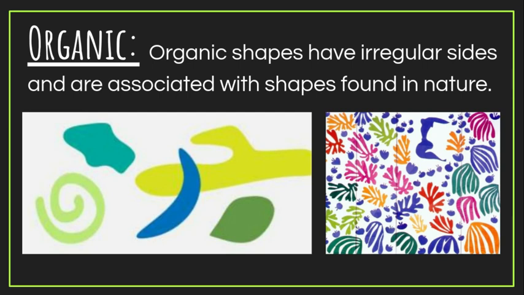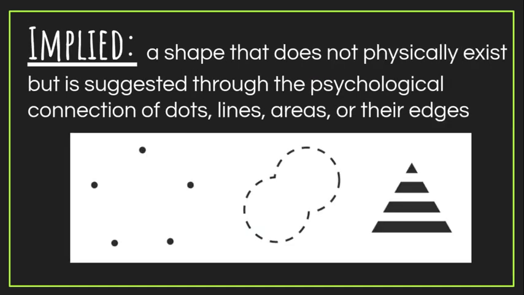And then finally, it's not one of our two categories of shapes, but it is another type of shape that I want you to be able to recognize. And that's something called an implied shape, okay? So a shape that is implied is one that does not physically exist, but it is suggested through the psychological connection of dots, lines, areas, or their edges.